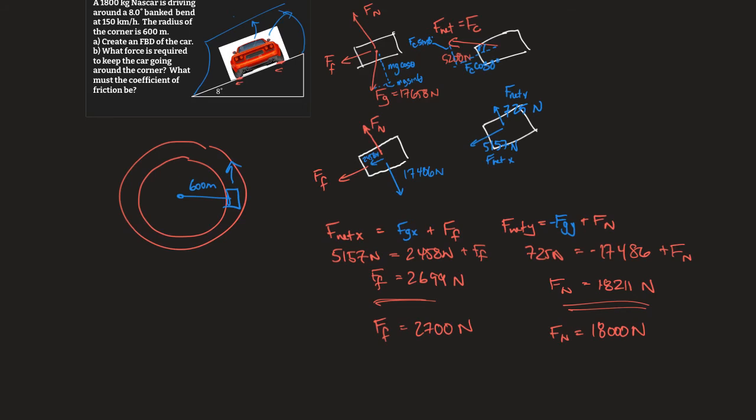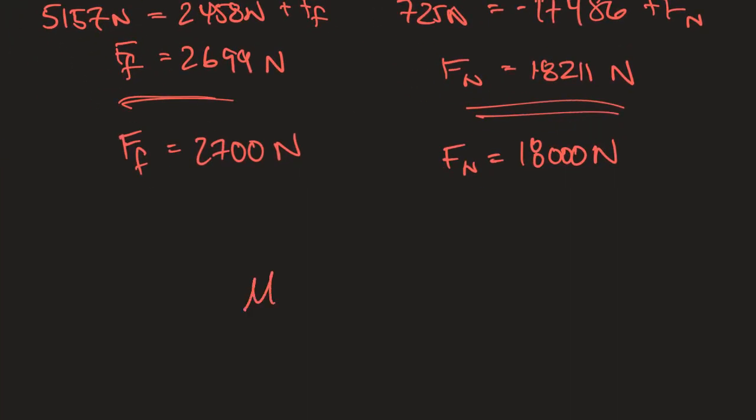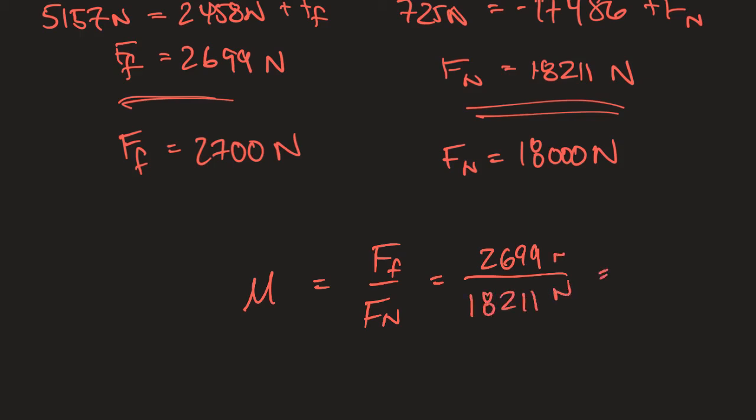The last question says, what must the coefficient of friction be? Well, we know the coefficient of friction is defined as the ratio between the force of friction and the normal force, right? So we can just calculate it. 2699, going back to my unrounded values, over 18,211 newtons. The newtons cancel out to give us the unitless coefficient, which is 2699 divided by 18,211.